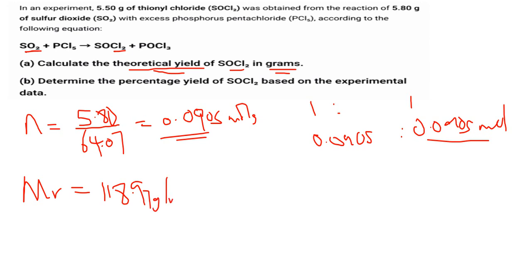So to find the mass, which will be our theoretical yield, we just multiply. Mass is equal to moles multiplied by the molar mass: 0.0905 multiplied by 118.97. Punch this onto your calculator and see what we get.